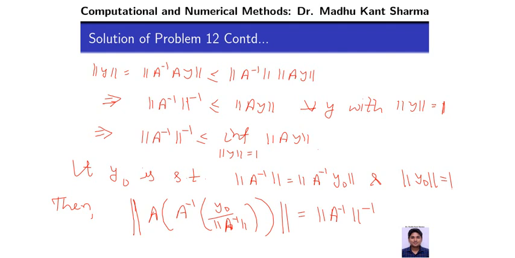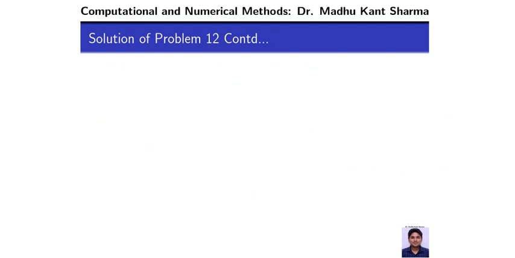So therefore, what you are getting is that there exists a y belonging to R^n, norm of y equal to 1, such that norm of Ay is equal to norm of A inverse.